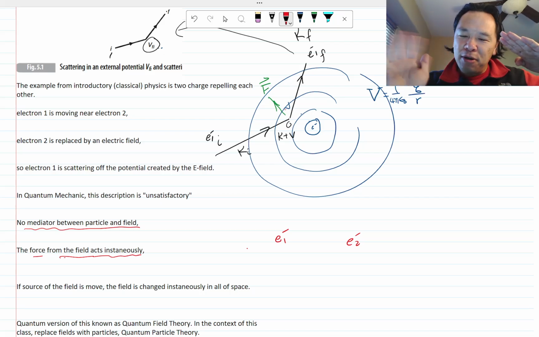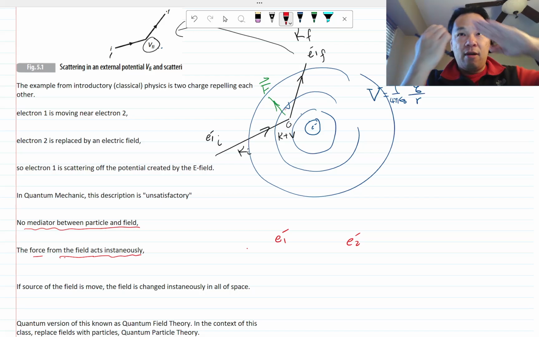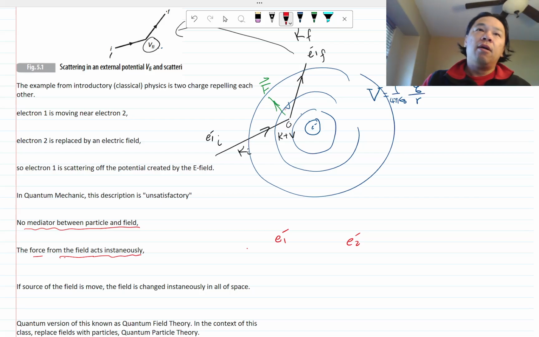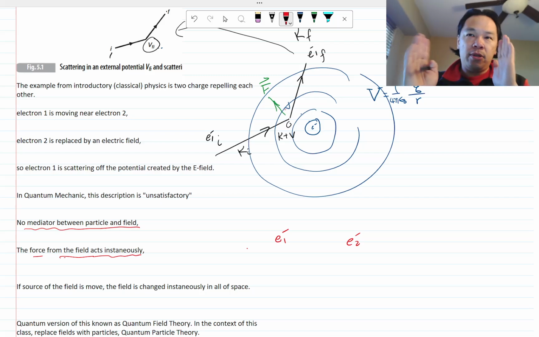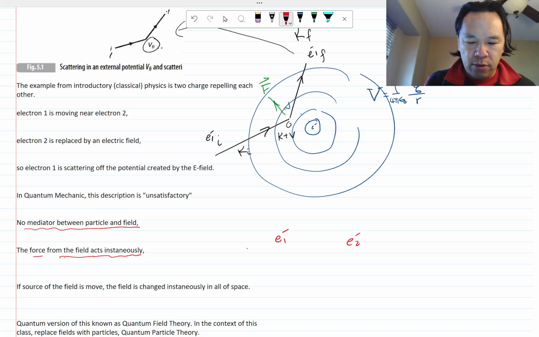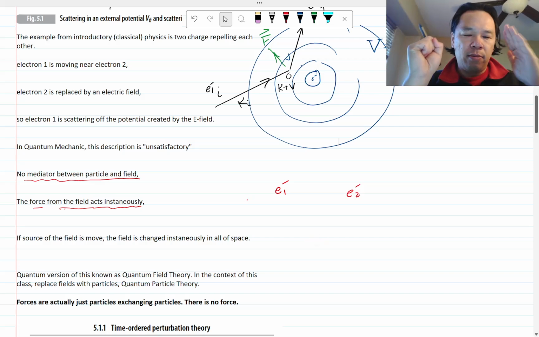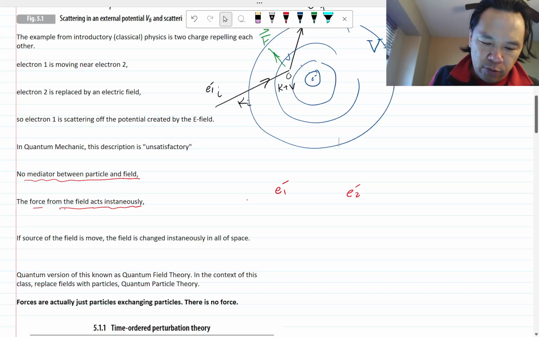It's hard to do in real life, but let's just say that happens. All of a sudden that field appears, and the electron is instantaneously affected by it, which doesn't make sense in relativity, because the electric field from electron 2 should take a little bit of time to reach electron 1.